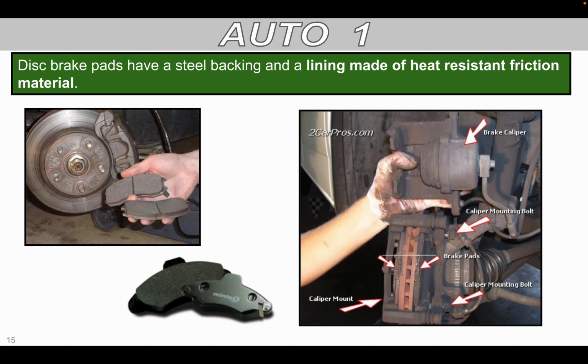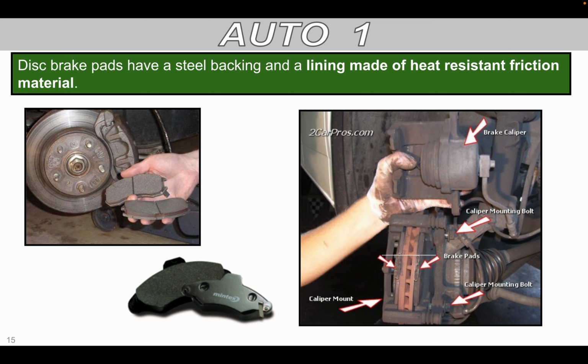The lining, that's the heat-resistant friction material, can be made out of a bunch of different types of material. The more popular type right now is ceramic. It has ceramic material built into it. That's simply because ceramic is able to resist heat very well and not wear out super easily.